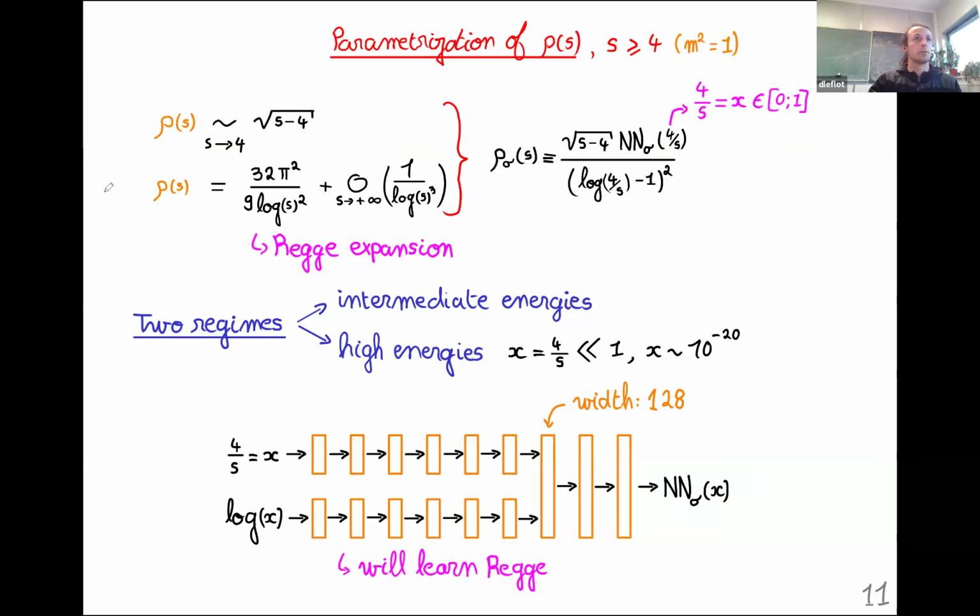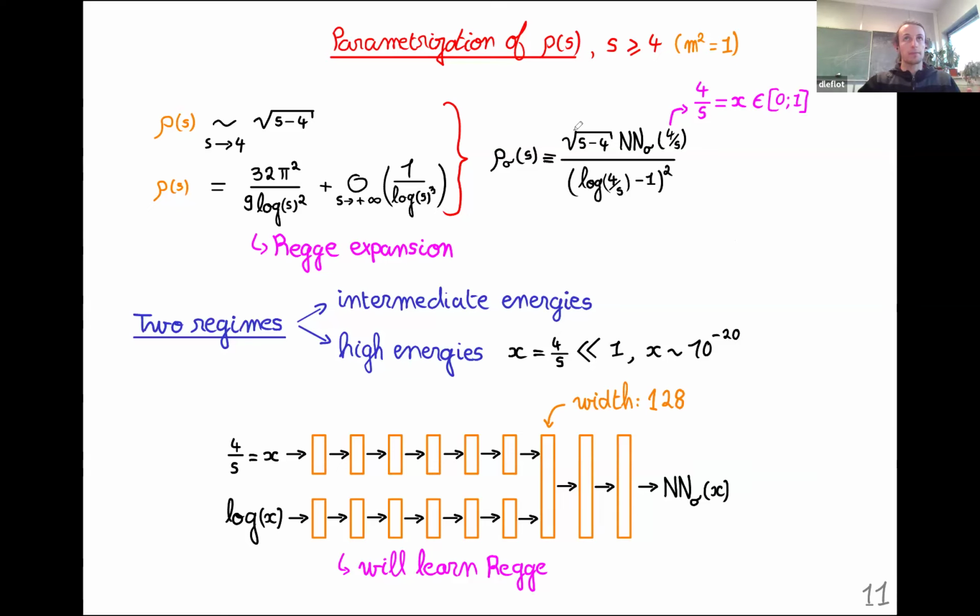We also know the Regge expansion: it decreases very slowly at high energies, like 1/log squared. We can take this knowledge into account when we parameterize the spectral density. So here I am defining a rho of sigma, which is the square root of s minus 4 multiplied by the neural network, and we divide by log of s squared.